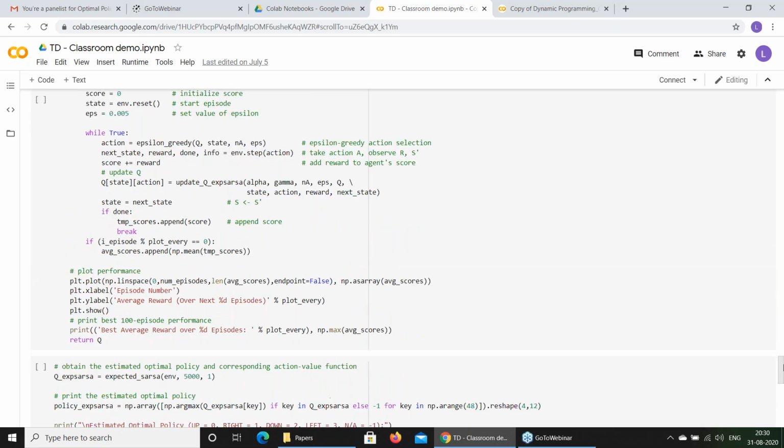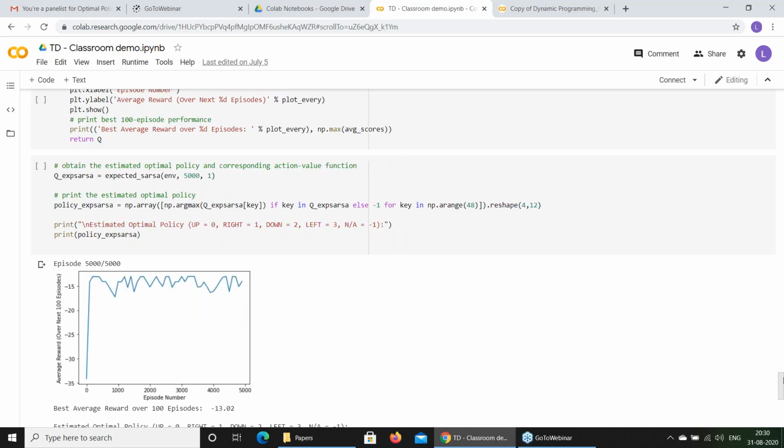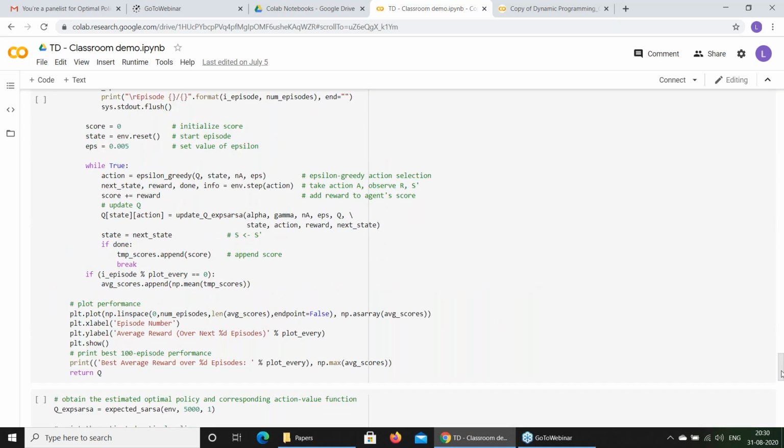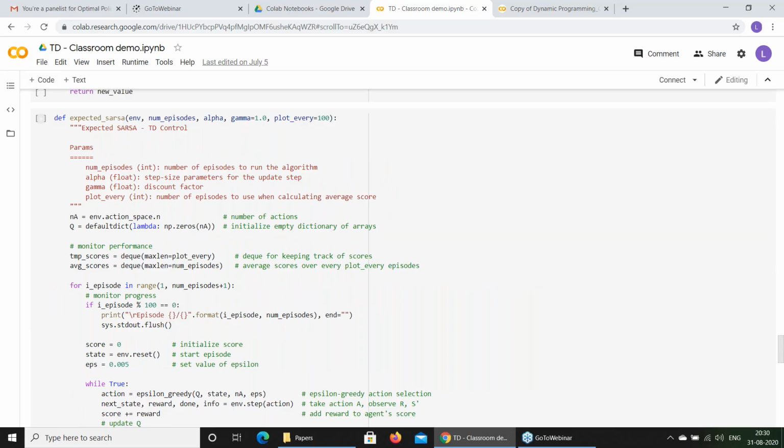In this case, there is a lot of variation. Initially, optimal policy is attained, then across time it may increase or decrease. So with this, we have seen the code of dynamic programming and also temporal difference.